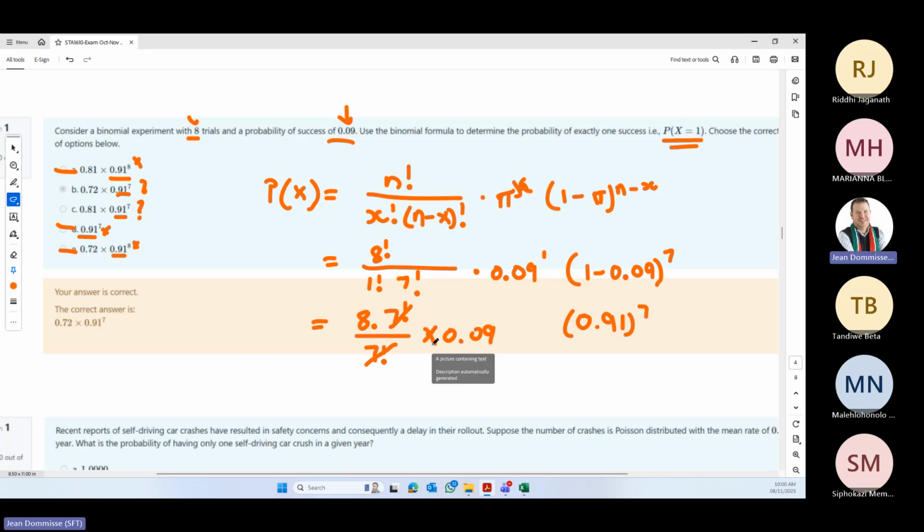So 0.09 times 8 is equal to 0.72. And that we just carry over. The 0.72. There we have it, option 2.